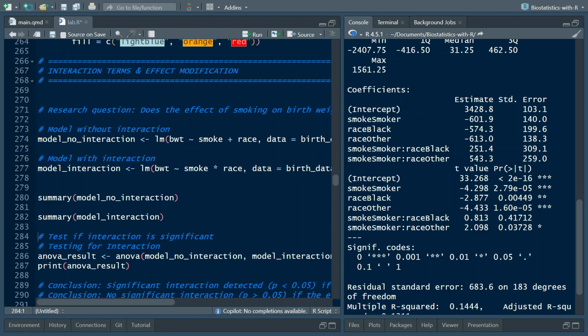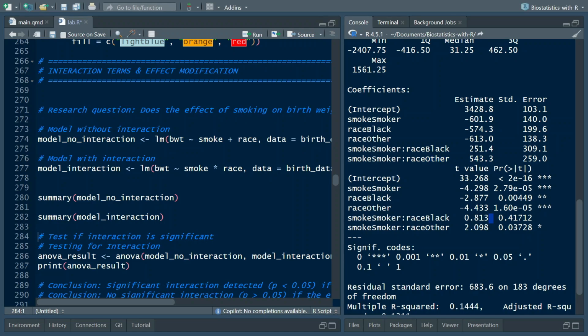This one also says that someone who smokes and is from other races is likely to have their birth weight increase by 543.3 compared to a person who does not smoke and is from the white race. So this is what this particular interaction term means.